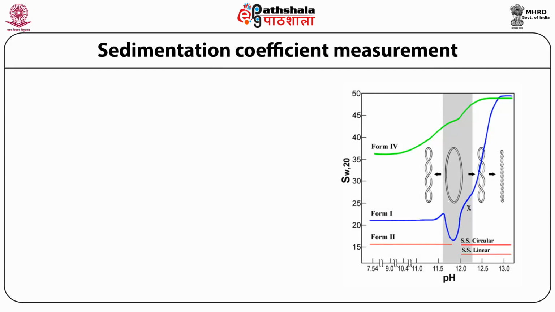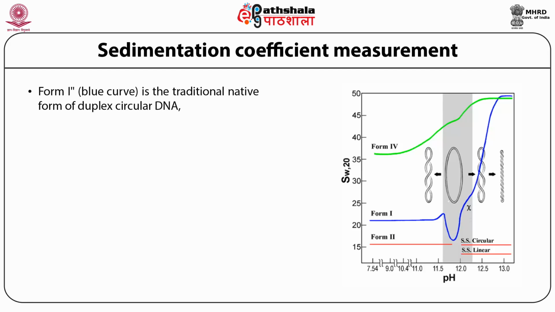Sedimentation coefficient measurement can be used for finding the DNA coiling. We show in this picture form 1, shown in a blue curve, which is the traditional native form of duplex circular DNA, and the sedimentation coefficient S_W is plotted on the y-axis against various pH on the x-axis.